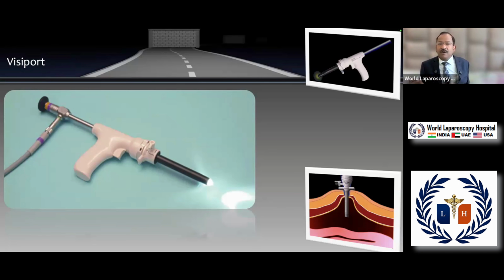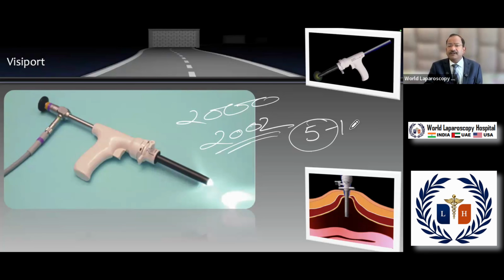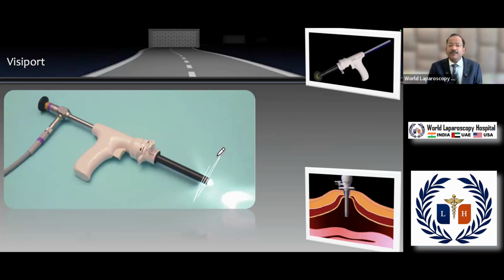This VG port is from Auto Suture company, but FDA has given approval that even if you are using VG port, you must use it with pneumoperitoneum. It was introduced around the year 2000, and then within 2 years, in 2002, 5 to 10 cases of bowel perforation were reported all over the world, because people were putting it in directly, thinking it is visible.